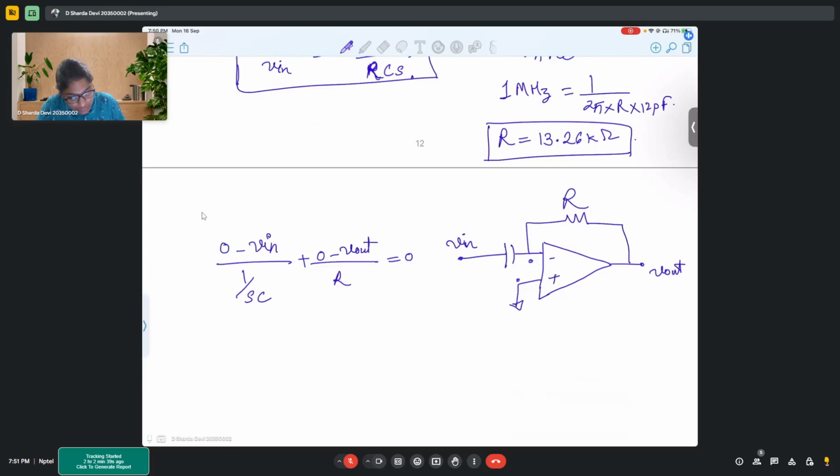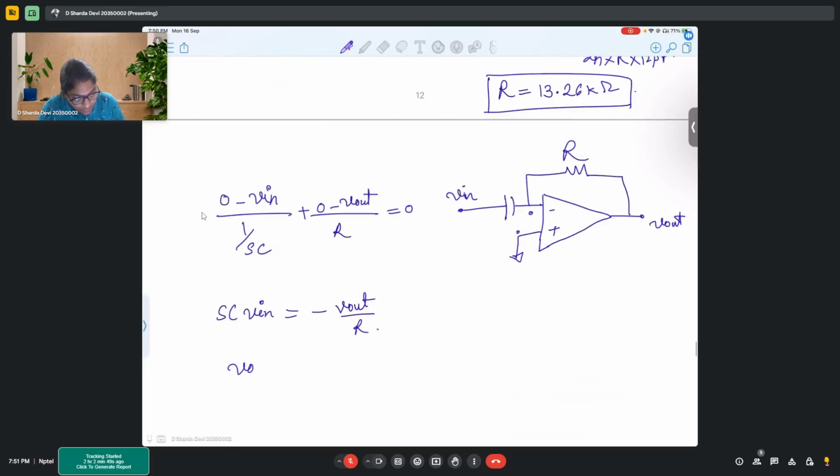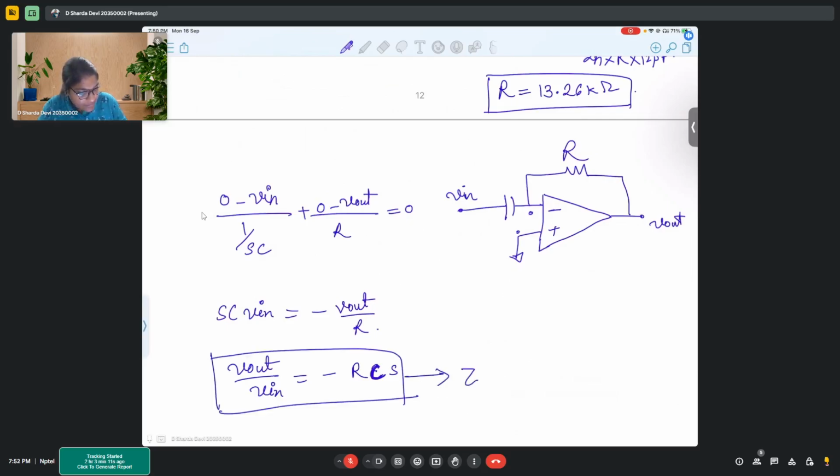Which brings us to SC Vin equal to minus V out by R. So V out by V in equal to minus RCS, right? So now here it introduces a zero.